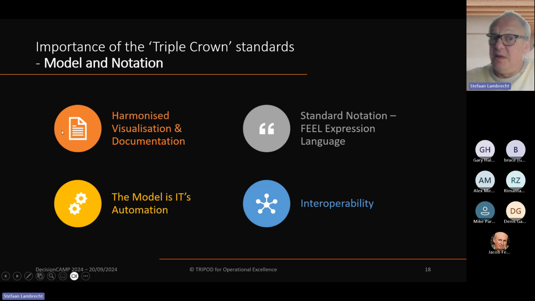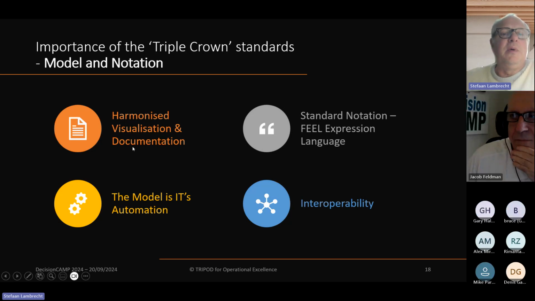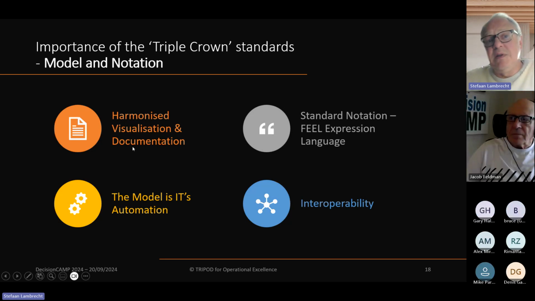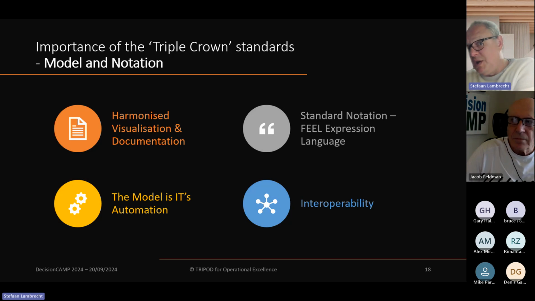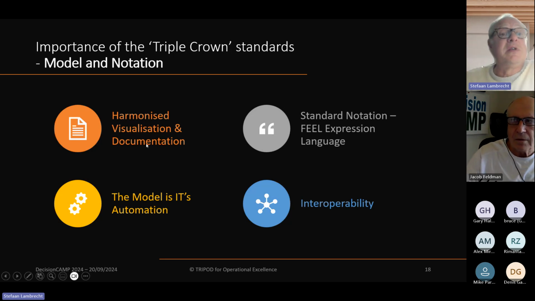It increases the understanding within the business, as it is a standard way of documenting processes, decision tables, decision logic, case management structures.